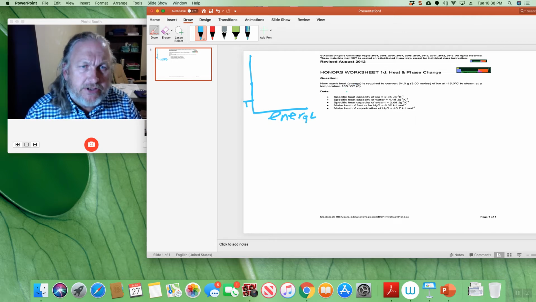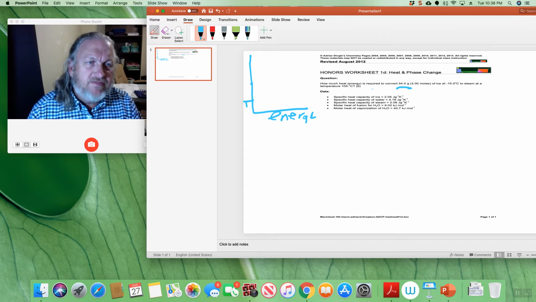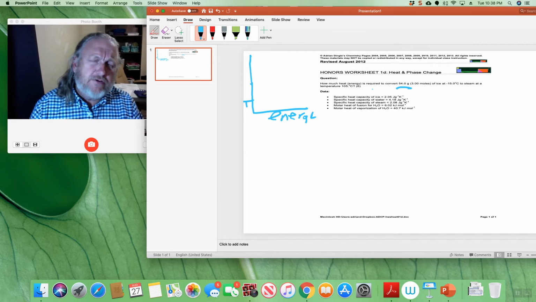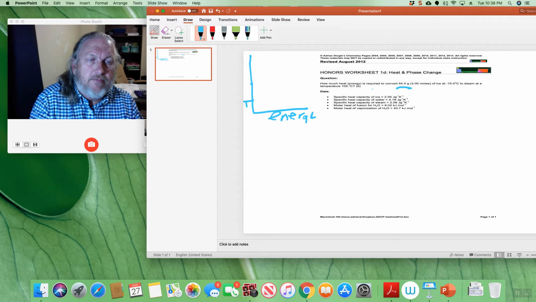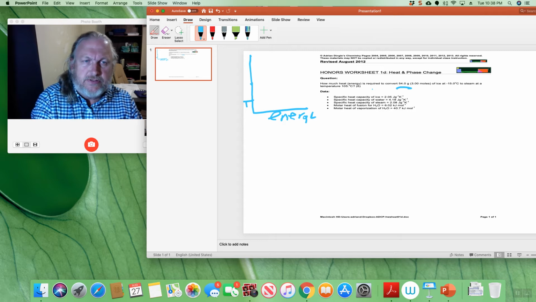Let's see what we got. How much energy is required to convert 54 grams or 3 moles of ice, solid water at minus 15 degrees C, to steam at a temperature of 105 degrees C? At first blush, we could say we can just get the delta T, 105 minus negative 15 Celsius, and then use the mass and specific heat.